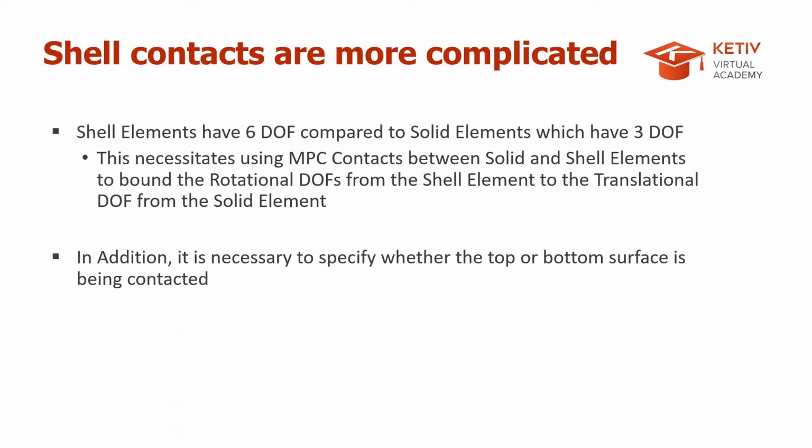In addition, when we create that two-dimensional mid-surface, and we're doing a contact between the thin body and something else, we need to specify, are we talking about the top surface of the thin body or the bottom surface of the thin body in terms of what another solid is contacting to? So there's a little bit more extra setup in terms of contacts that are needed for shell elements.